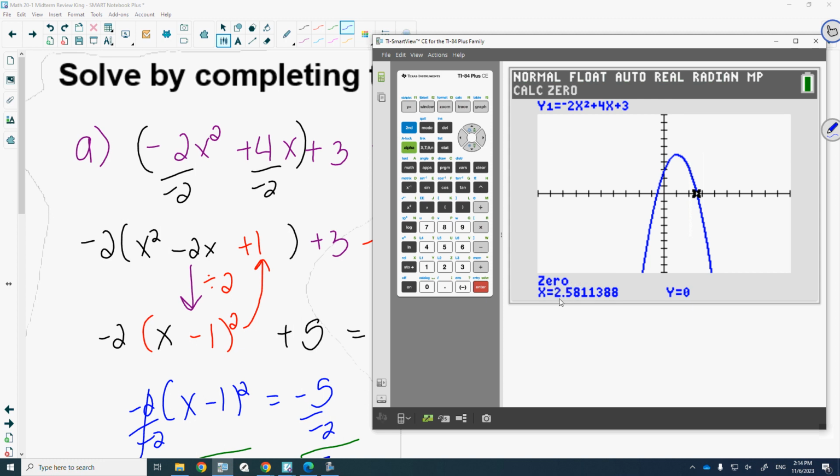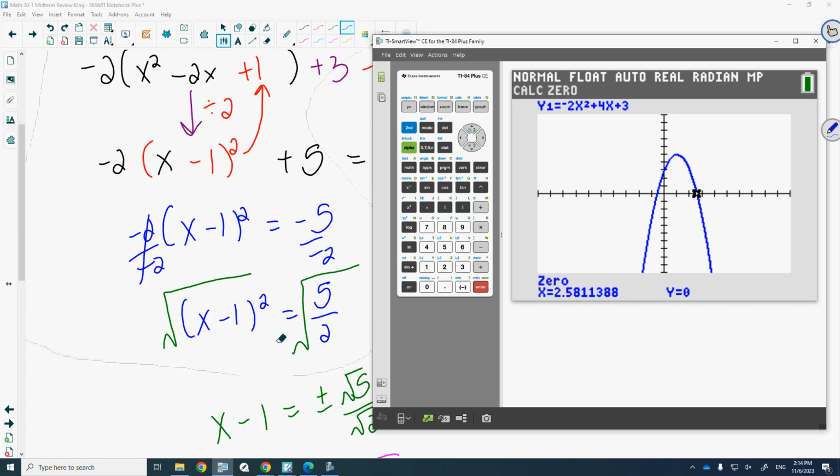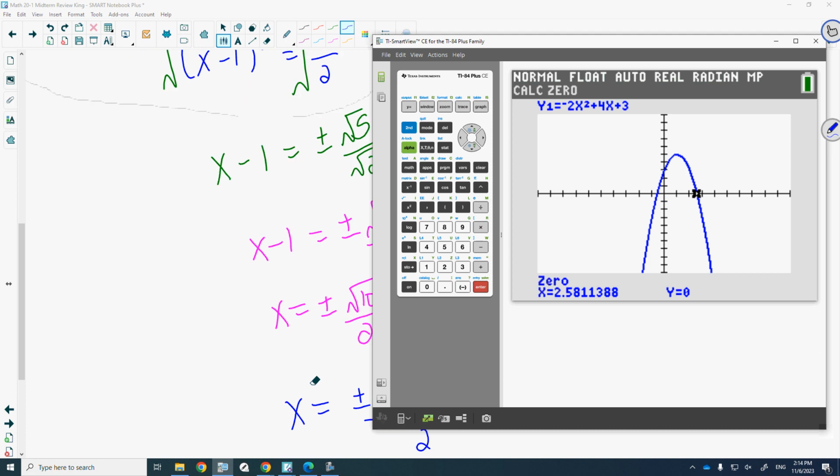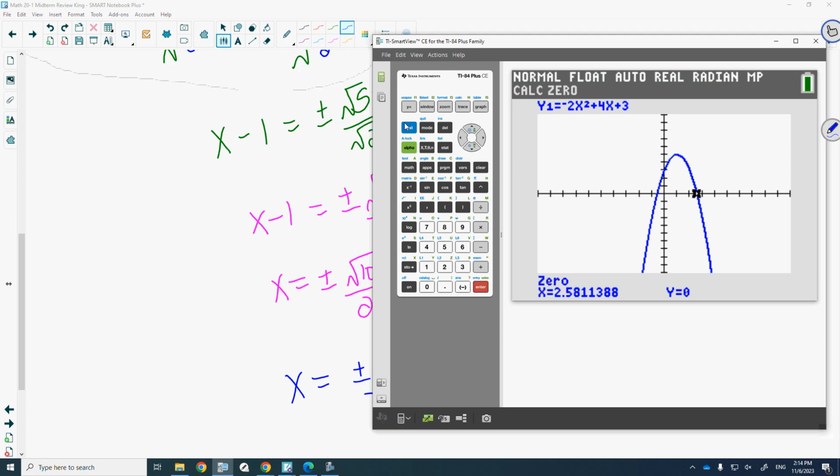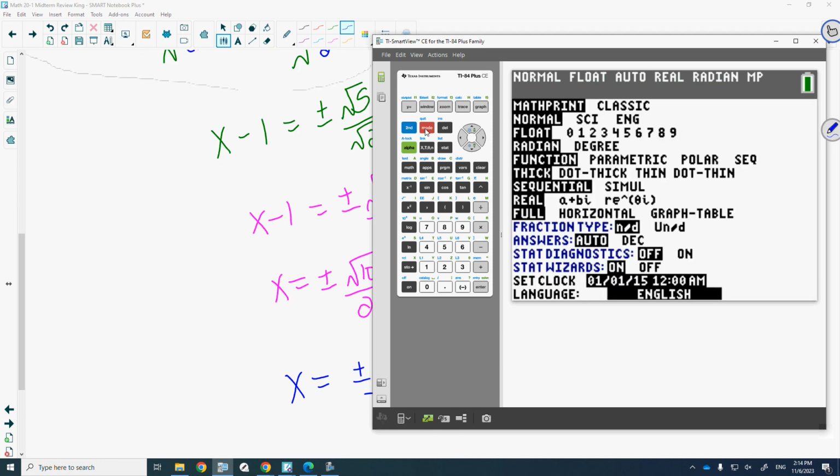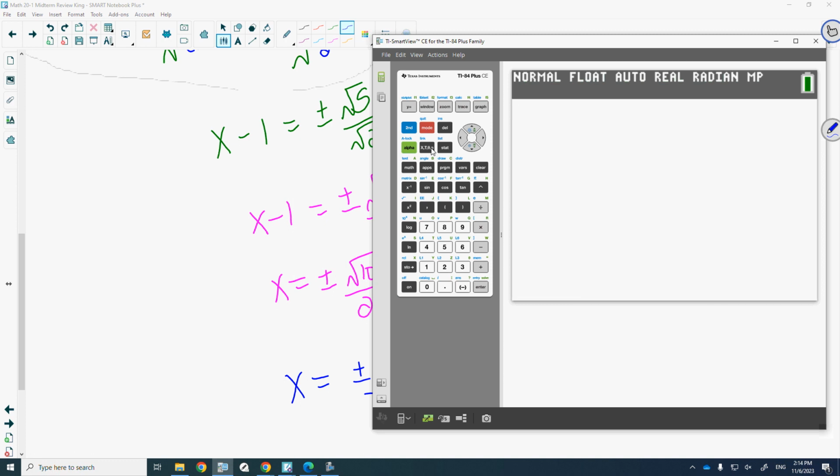So one of my x-intercepts is this 2.58, but that's an irrational number. It's going to say on your test, what is that as an exact value? So as an exact value, it's going to be one of these two answers down here. But I'm just going to put that on my calculator. So there's that 2.58.